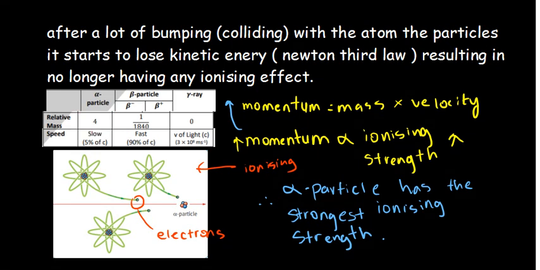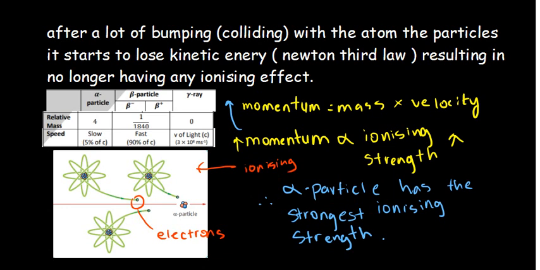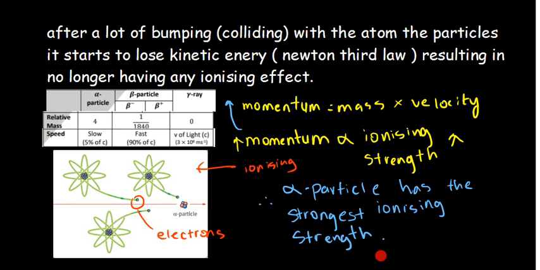Even though they're quite slow, if you do the calculation, alpha particles should be higher. And gamma rays have zero mass, so they produce zero momentum. So that's something you should know: the alpha particle has the strongest ionizing strength.